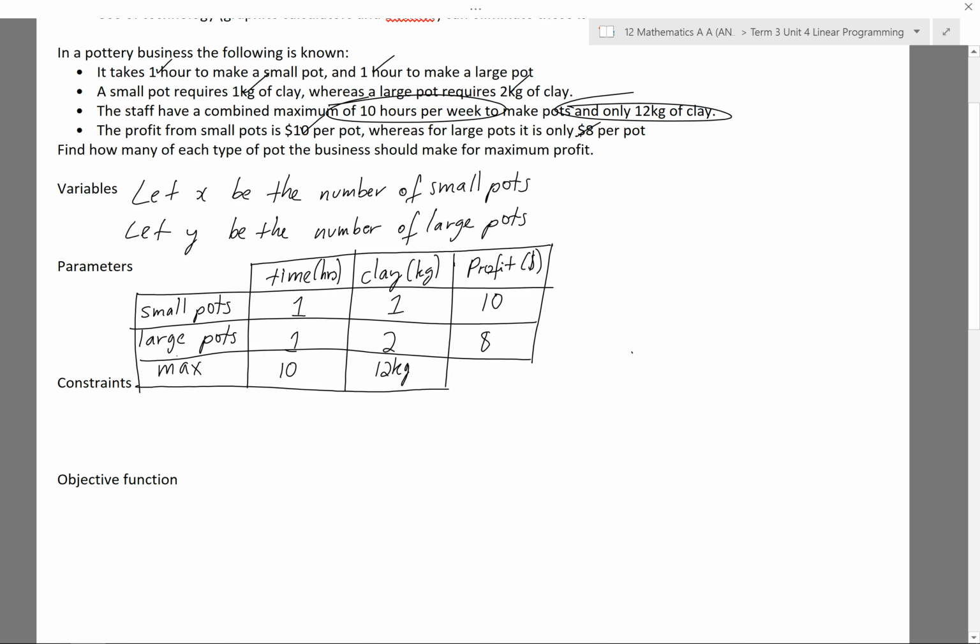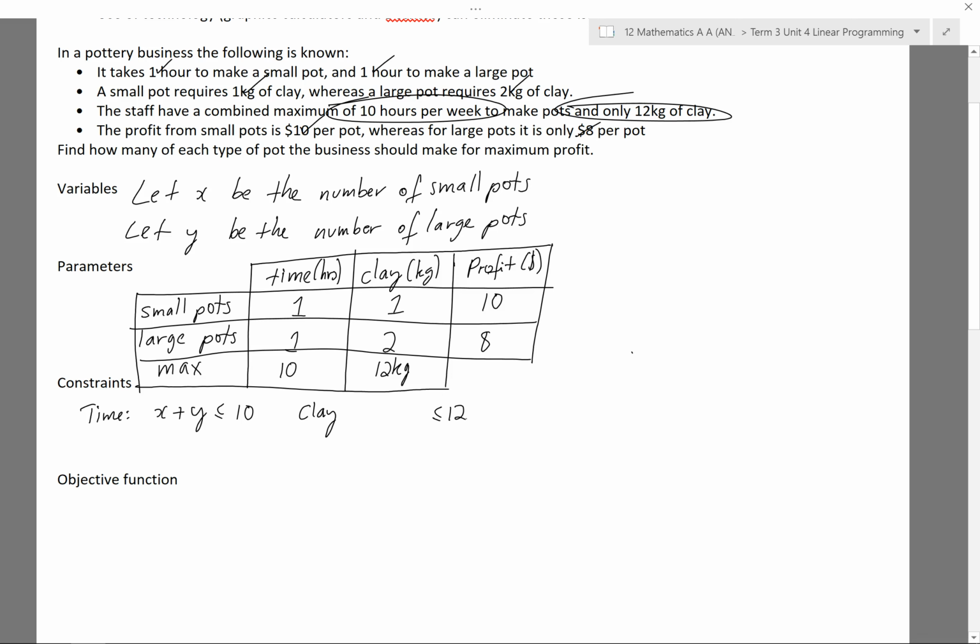So when it comes to constraints, I can basically read down these columns of the table. For my time constraint, I know that the maximum number of hours I have is 10. I'm making X small pots and Y large pots. It's going to take me X plus Y hours to do that, and that can't exceed 10. My clay constraint is telling me that my total amount of clay needs to be less than or equal to 12.